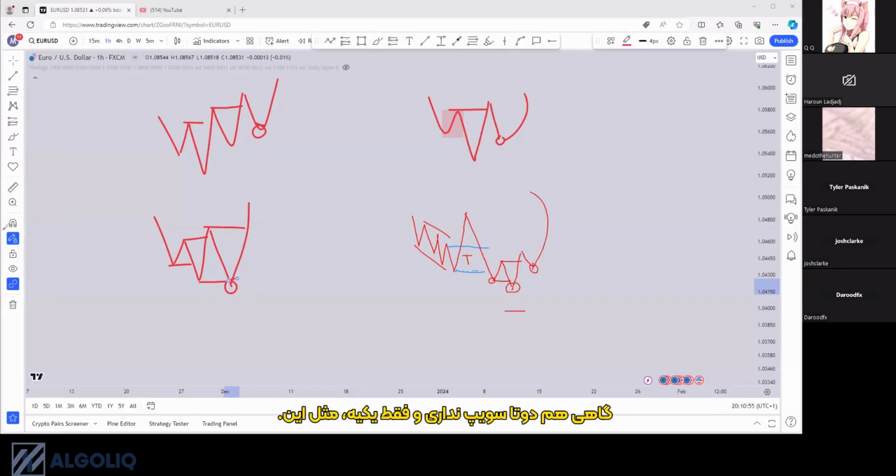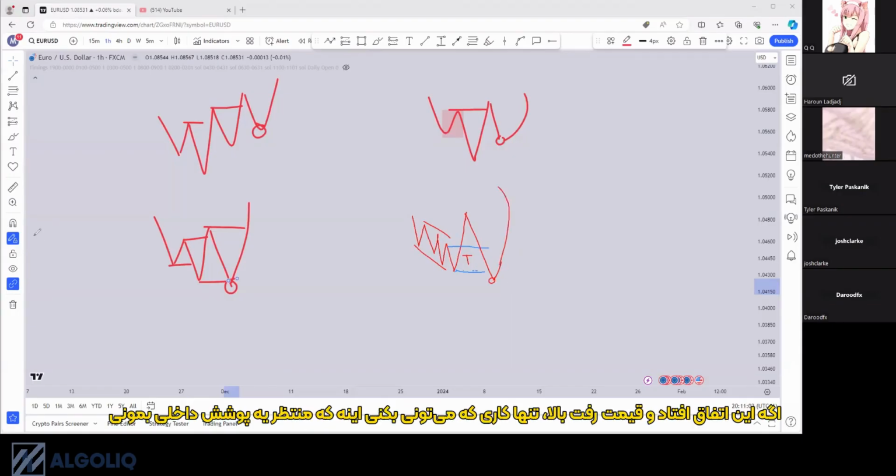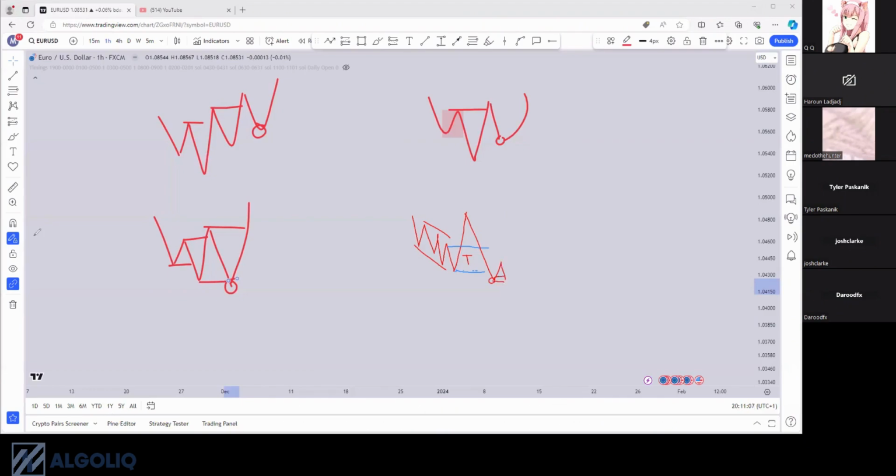Also, sometimes there's not two sweeps, but just one, like this. If this happens and price goes up, all you can do is wait for an internal mitigation, an internal break of structure, and then you can trade. So something like this.